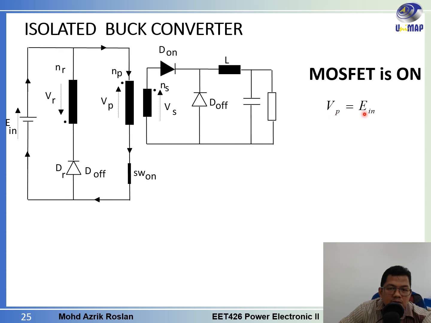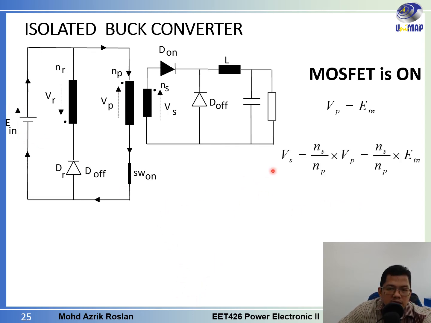The VP will be equal to E in. Why does VP equal E in? Because this point is connected to this point, and because the circuit is closed, this point will be connected here. So the voltage across this one will be the same as the voltage across E in.